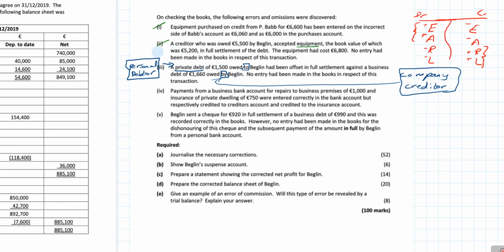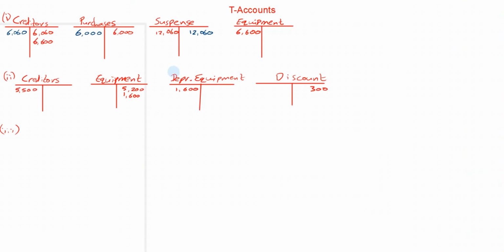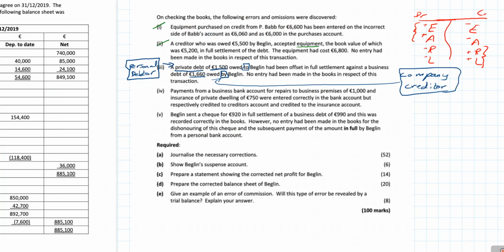So essentially what's happening is I am introducing capital into the company of 1,500. I'm going to be reducing creditors by 1,660, and then there's obviously we are receiving a discount of 160 then as well. So if we go to our T accounts, so we are reducing creditors.